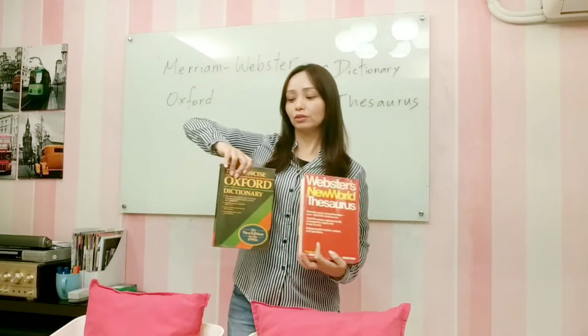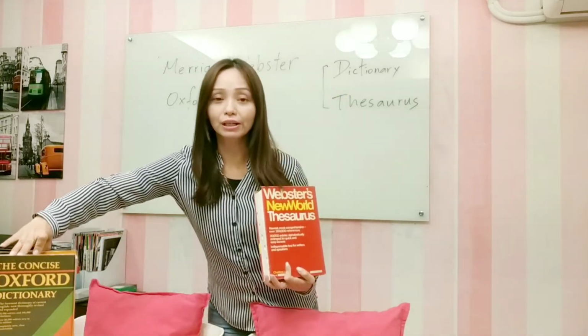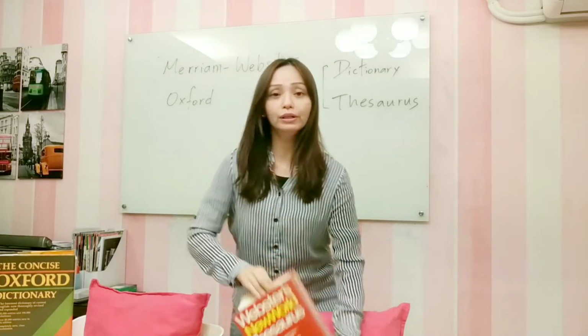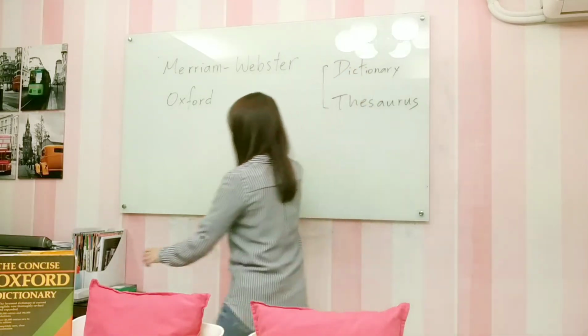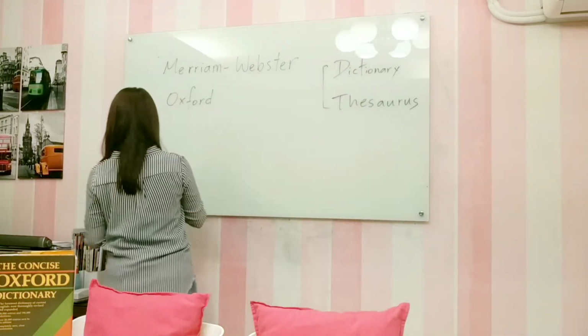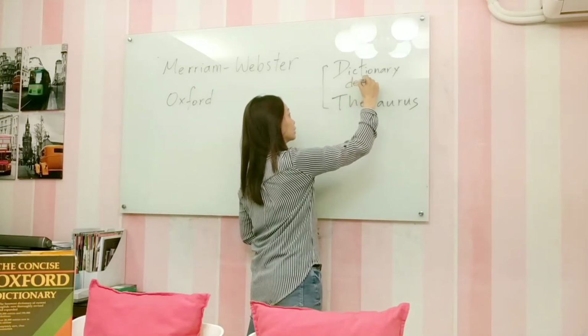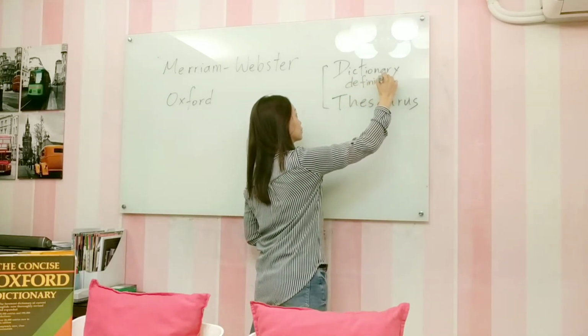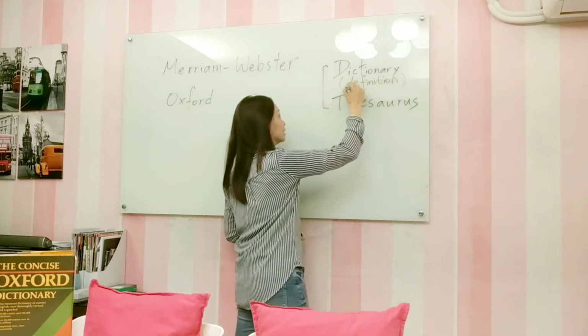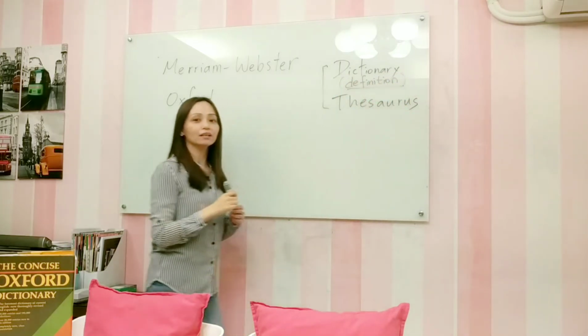So what are the differences between the two? Well, here's the difference. For dictionaries, we usually learn the definition of words, which is like 单字定义, right?